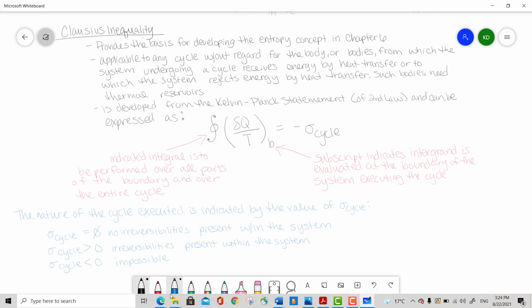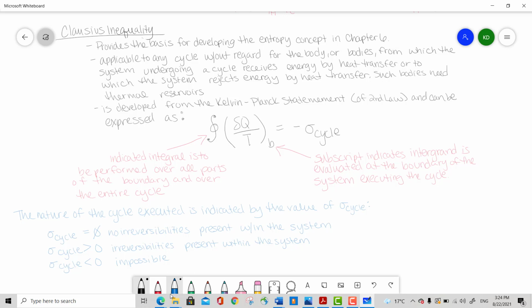The Clausius inequality is applicable to any cycle without regard for the body or bodies from which the system undergoing a cycle receives energy by heat transfer, or to which the system rejects energy by heat transfer. Such bodies are thermal reservoirs.